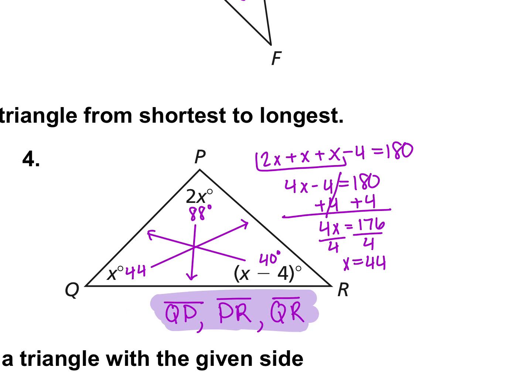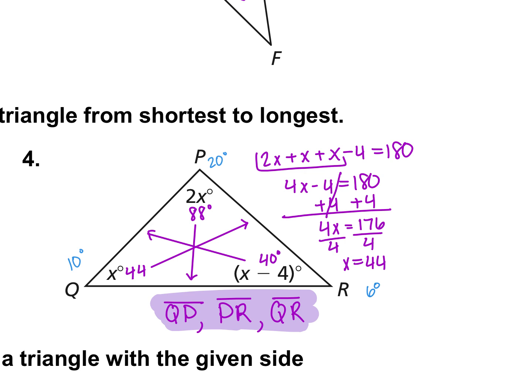If I plugged in 10 for X, this would be 10 degrees, this would be 20 degrees, and this would be 6 degrees. It's still giving me small, medium, large. So you could use that, or you could have solved for X. It wasn't asking for the actual measures, just for you to put it in order.